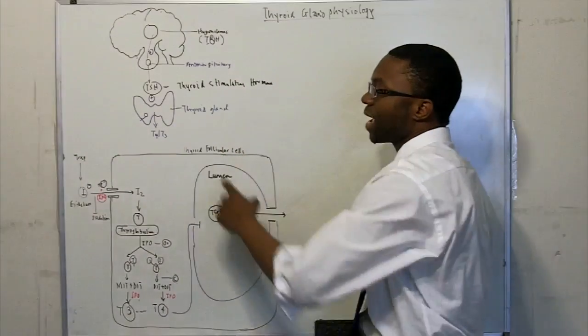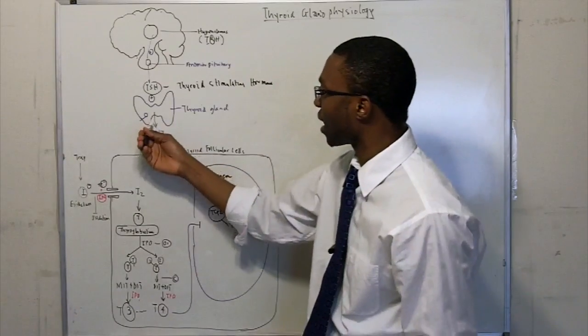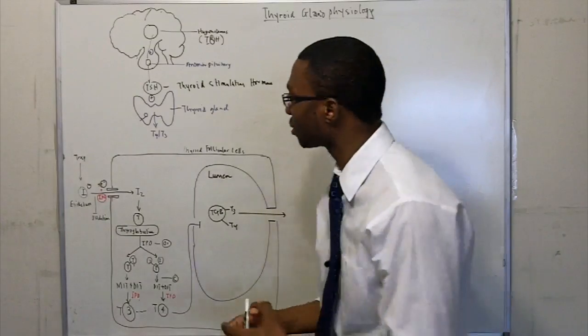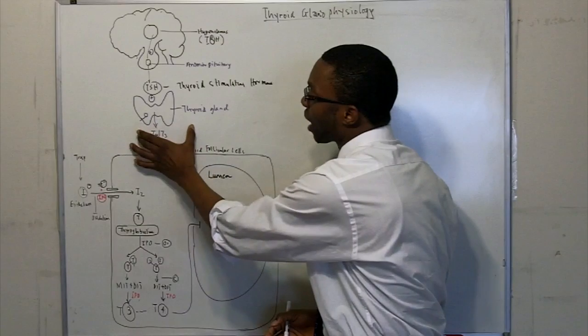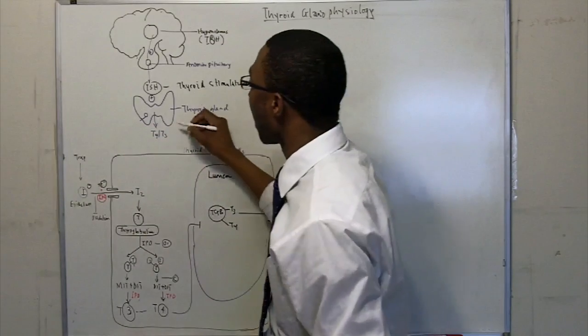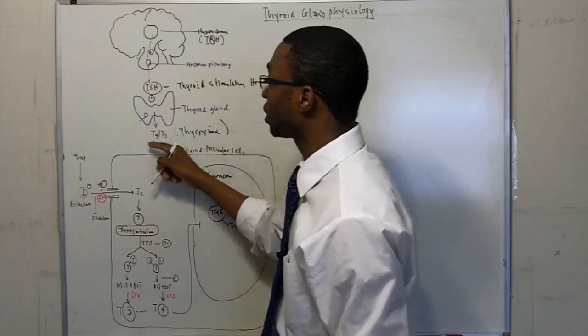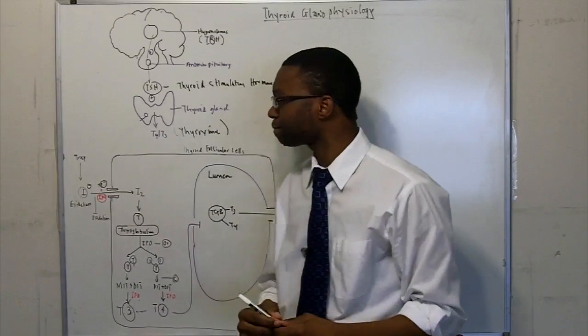It's going to go down and now stimulate the thyroid gland, which is made up of a lot of follicles, a lot of follicular cells. And the job of the thyroid gland is to make what? Thyroxine, which is T4 or T3.